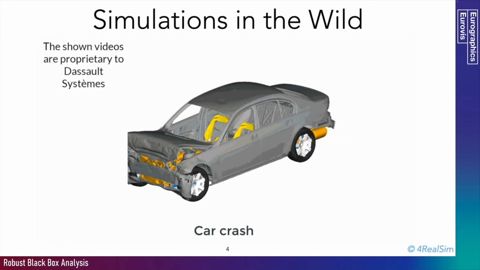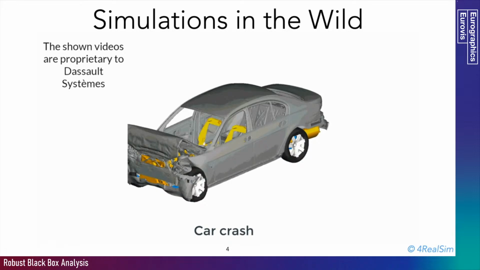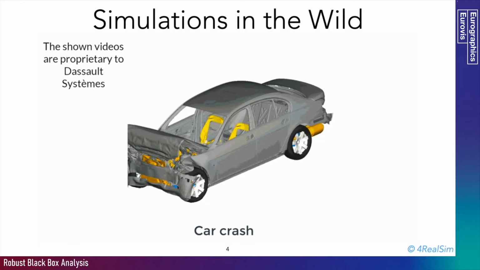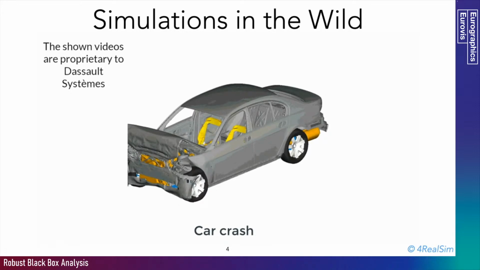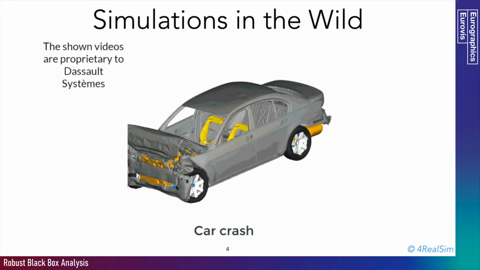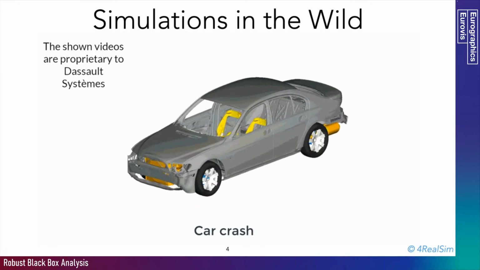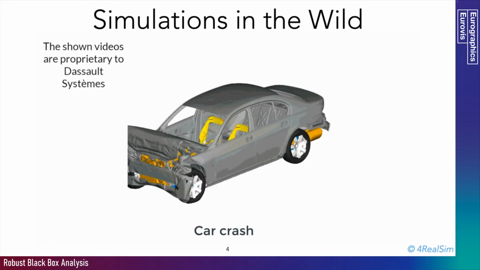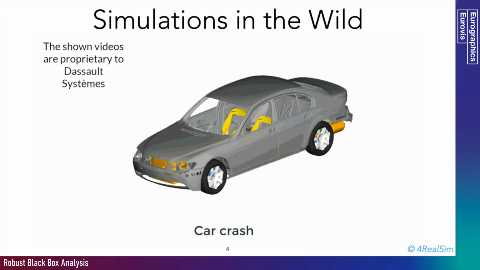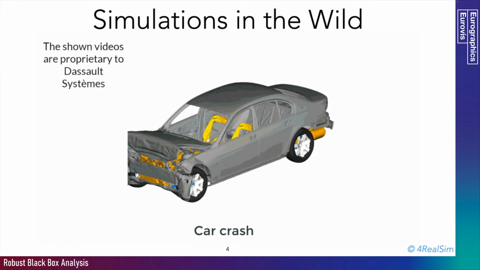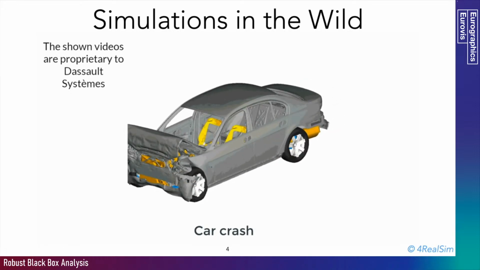In this example, a simulation is used to predict what will happen during a car crash. This is commonly done in the prototyping phases to decide how components should be arranged and how to potentially reinforce the car to make sure that when the shock happens, it is absorbed without propagating to where the people are sitting.